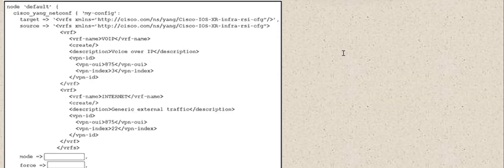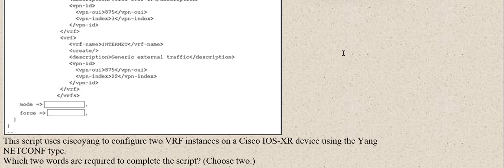Our next question is, refer to the exhibit. Please have a look at the given exhibit. This script uses Cisco YANG to configure two VRF instances on a Cisco IOS XR device using the YANG NETCONF type.